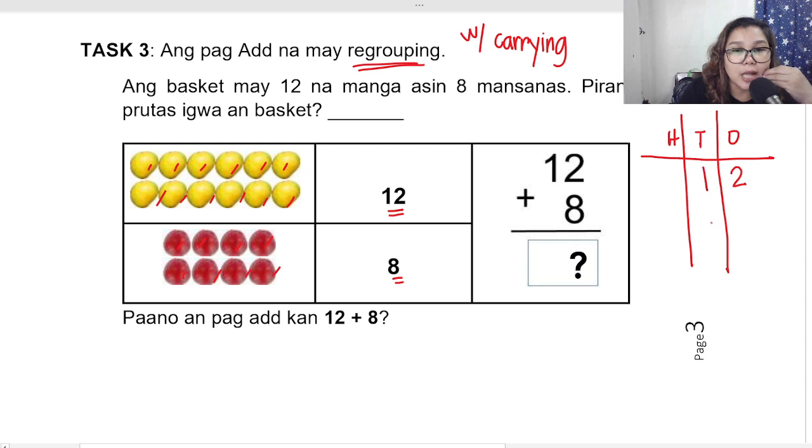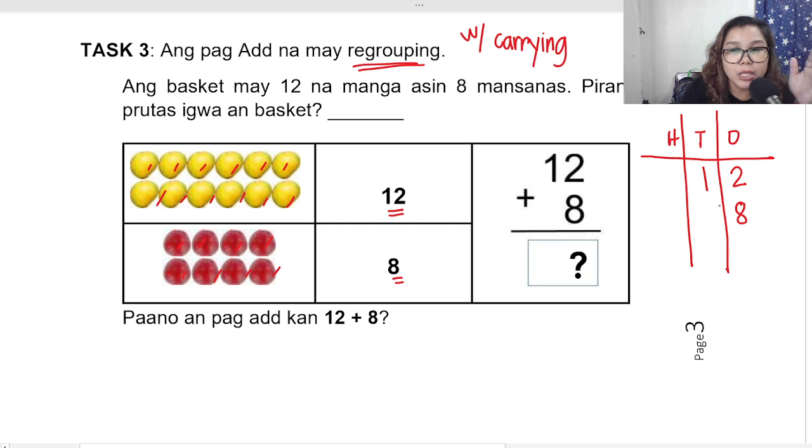So, that is how we should identify first the place value. So, 2 ang nasa ones, 1 ang nasa tens. And then 8, saan ba siya ilalagay? So, under ones. 1 digit lang. So, yan ang gagawin natin. So, after identifying the place value, so they should be written in proper column. Lahat ng ones in 1 column, lahat ng tens in 1 column.